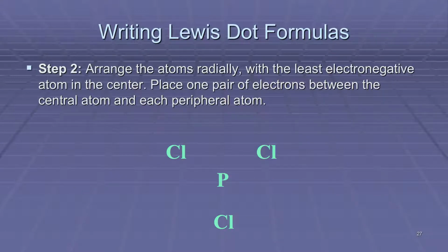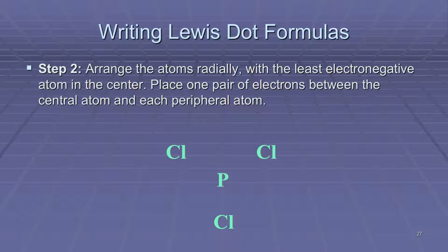So step 2, arrange the atoms around the center atom. Generally, we put the least electronegative atom in the center. Usually we're going to be doing pretty simple ones, so it's usually the multiples that are around the outside. But also keep in mind what I said earlier in the slideshow: chlorine only wants 1 more electron, so it's only going to make 1 bond in general.